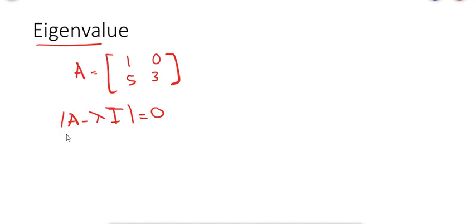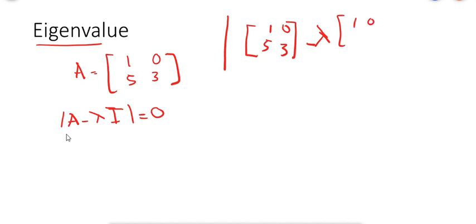We say that the determinant of A, [1, 5; 0, 3], minus lambda multiplied by the identity [1, 0; 0, 1], is equal to 0.